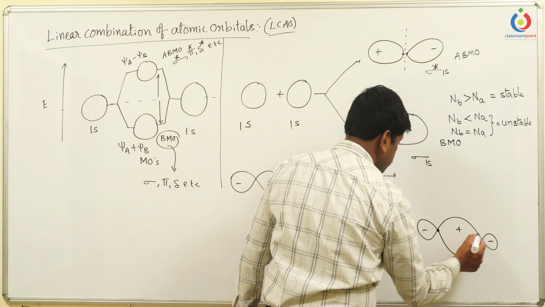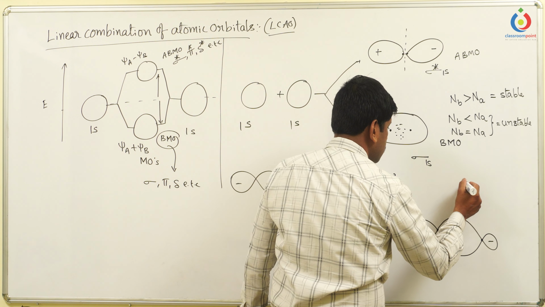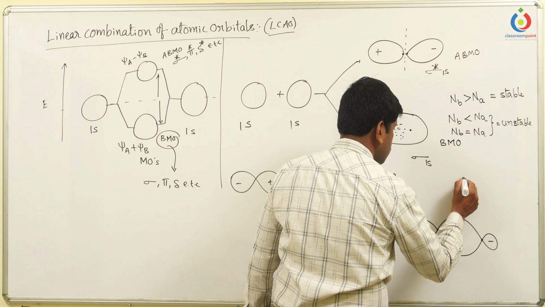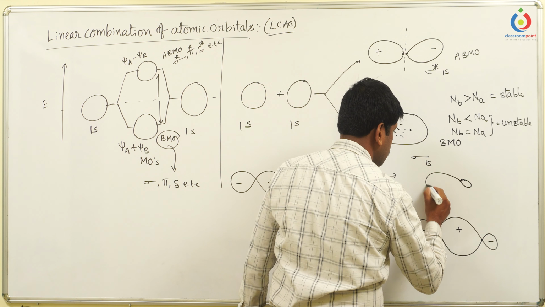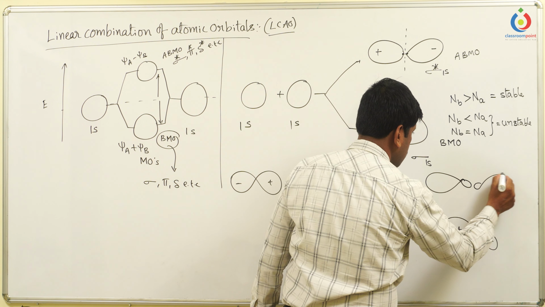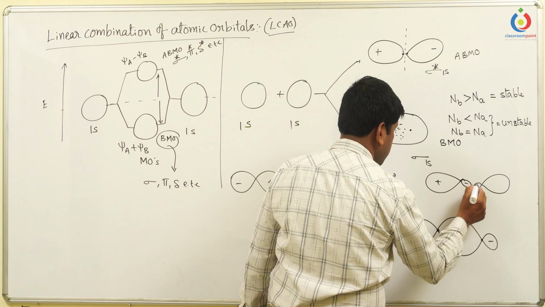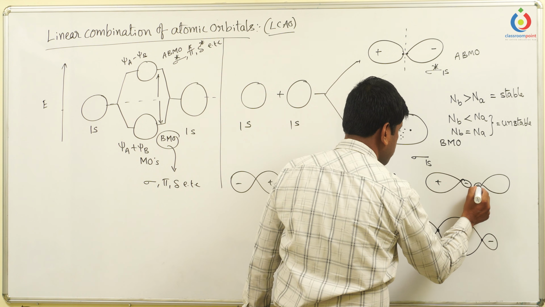These are nucleus. Plus minus. So these are nucleus. So this is called the sigma p orbital. This is called a sigma p orbital.